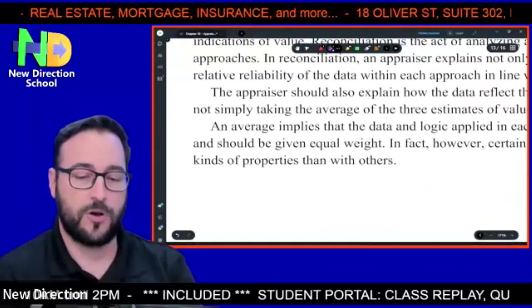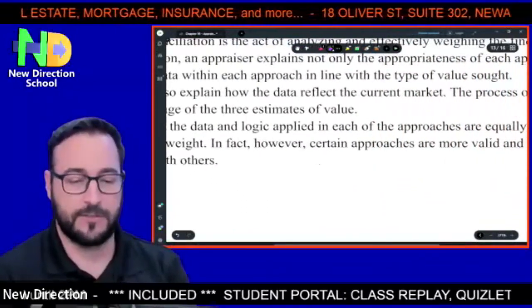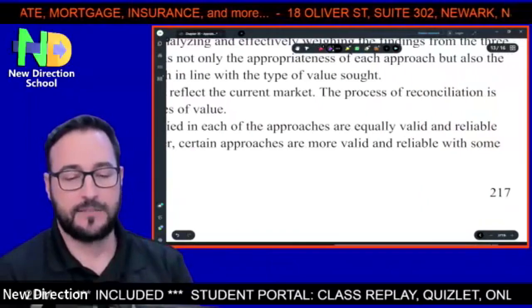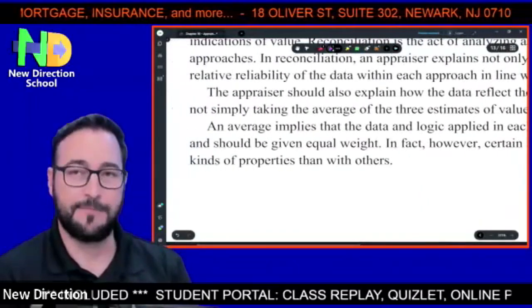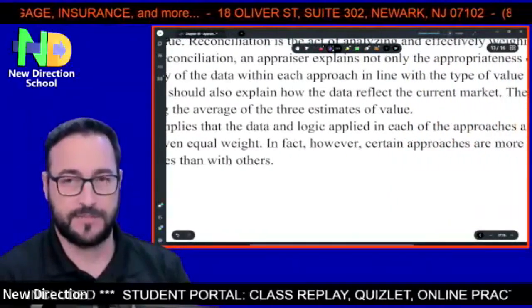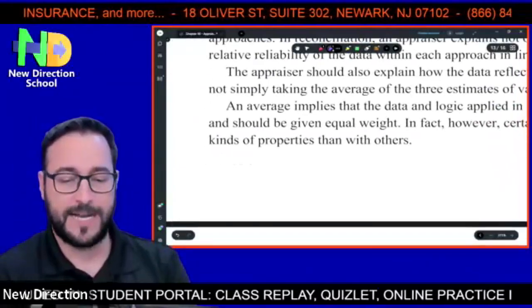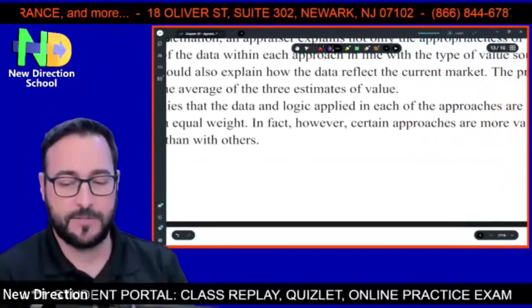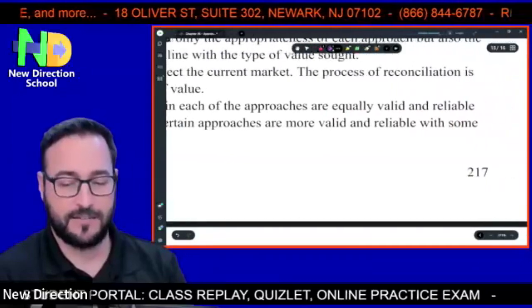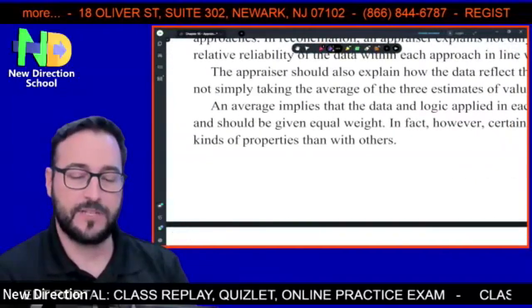The appraiser should also explain how the data reflect on the current market. The process of reconciliation is not simply taking the average of the three estimates of value. An average implies that the data and logic applied to each approach are equally valid and reliable and should be given equal weight.